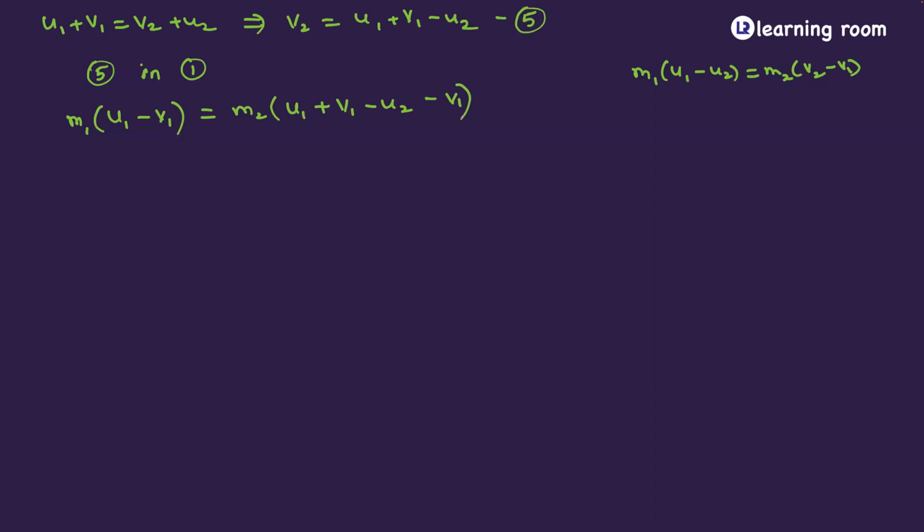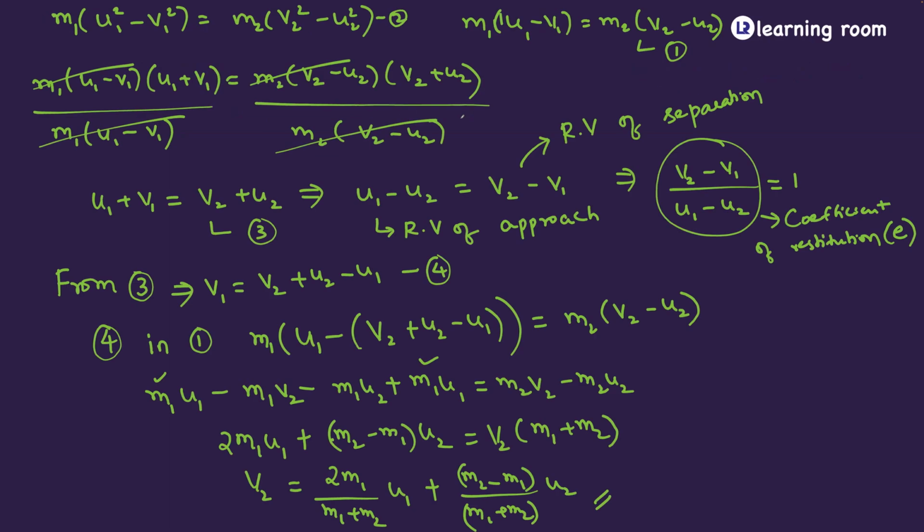Is it right? V1 is getting correct. So listen. One minute, there is a mistake. So v2 is equal to u1 plus v1 minus u2.